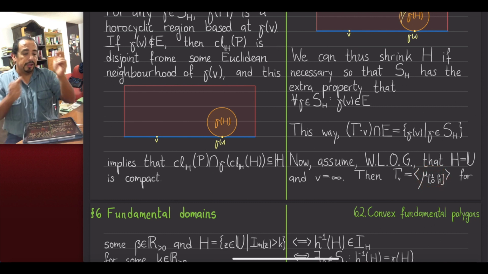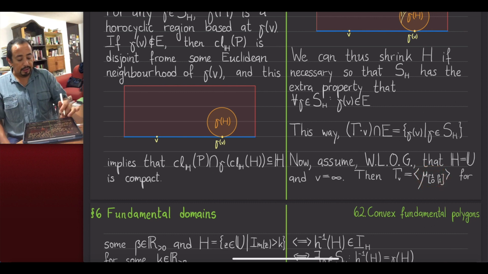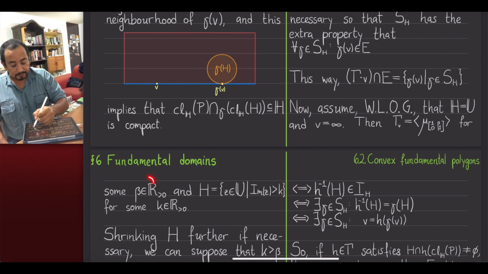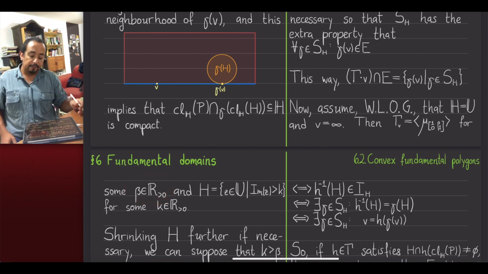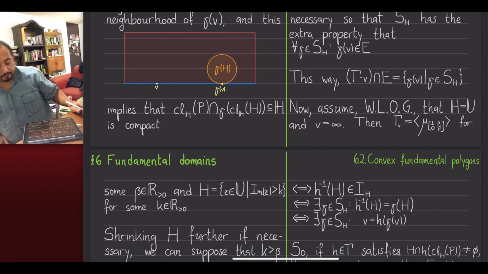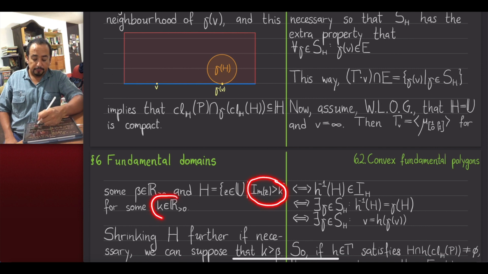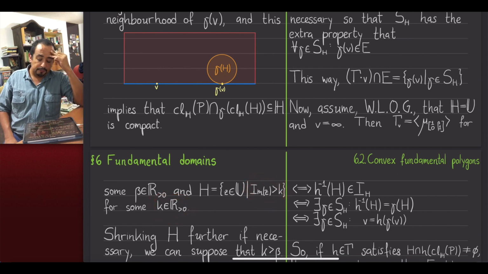Up to taking the inverse of that generator, I can assume it is a translation to the right by some positive real number, beta. And my horocycle then takes this form: all those elements of U that have an imaginary part greater than some fixed positive real number.